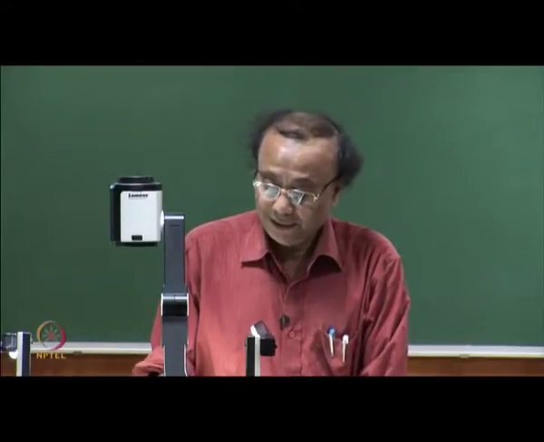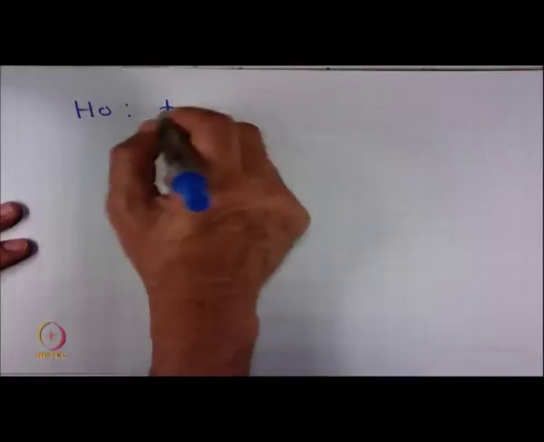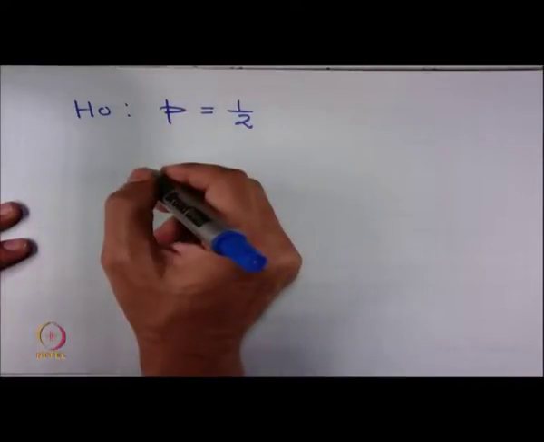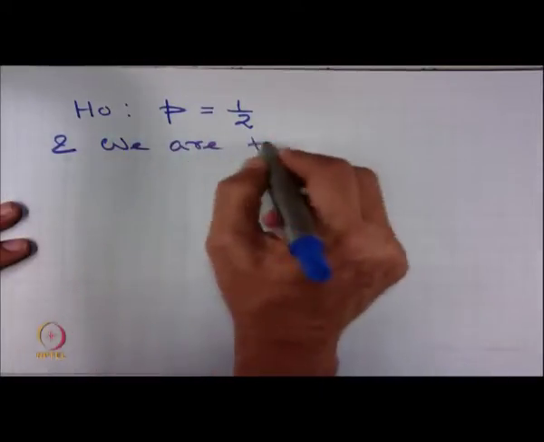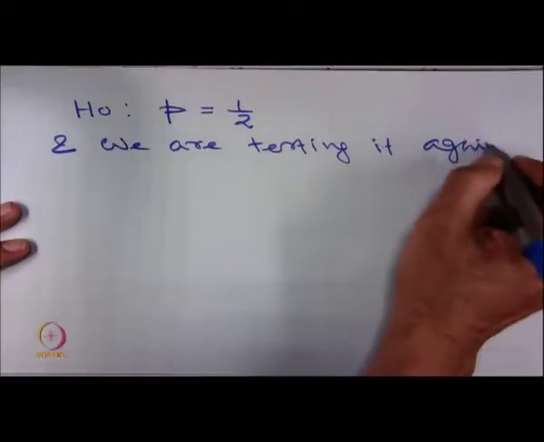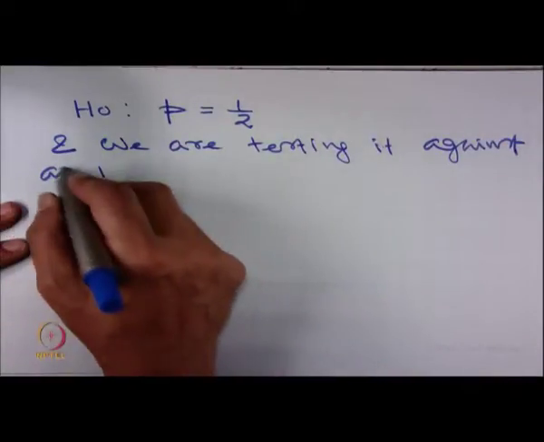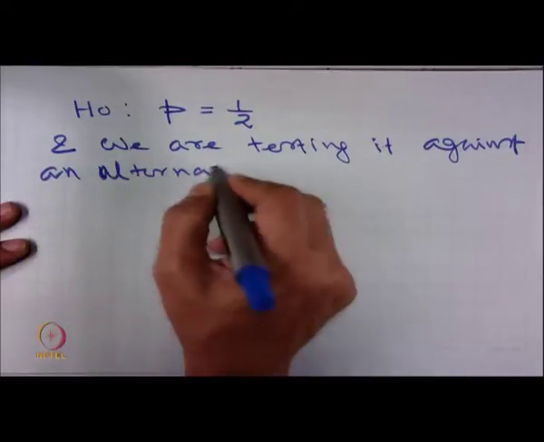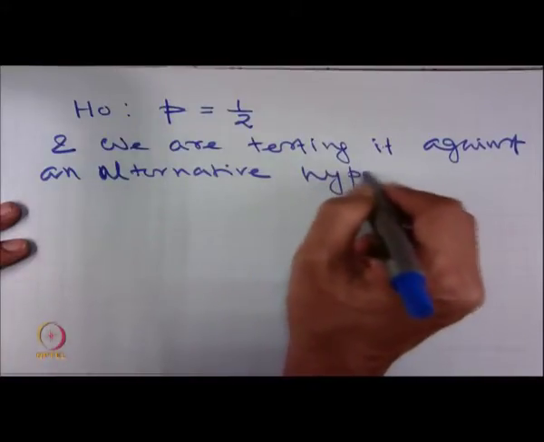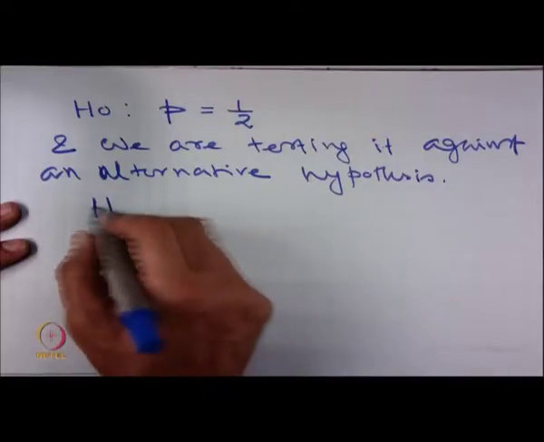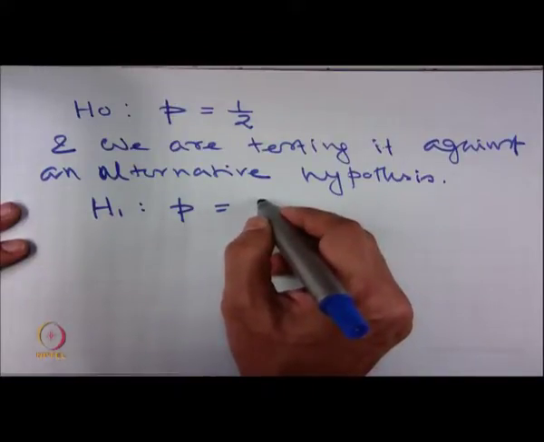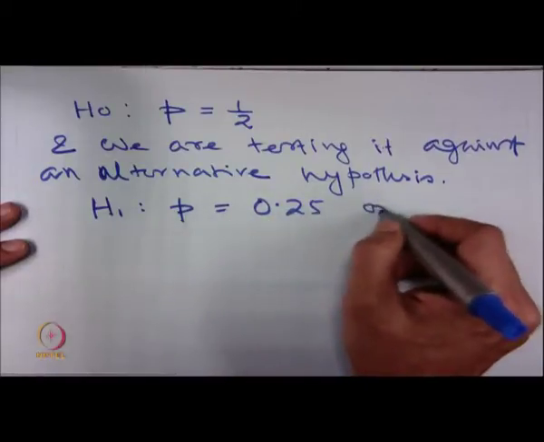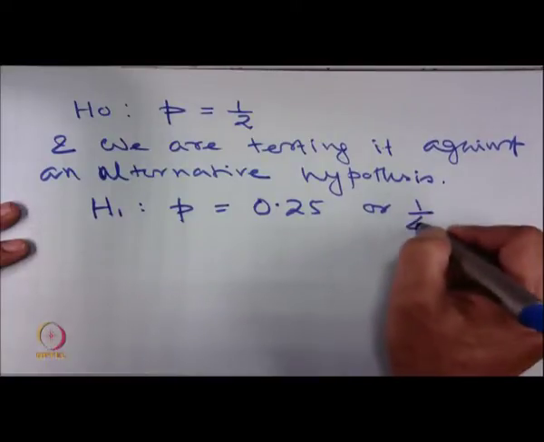So, if we look at a simple null hypothesis, then our H naught is p is equal to half, and we are testing it against an alternative hypothesis H 1: p is equal to, say, 0.25 or 1/4.